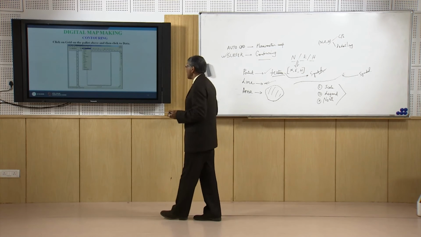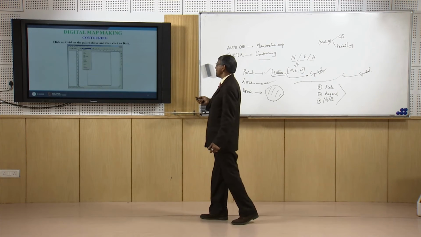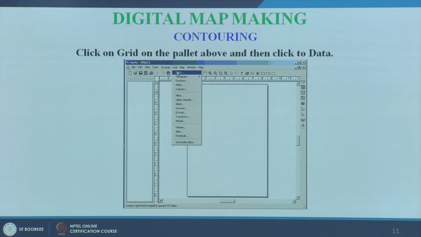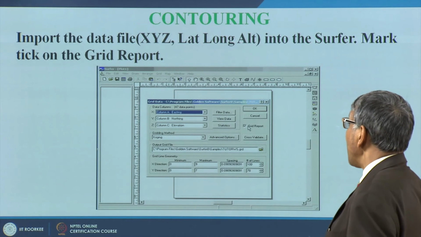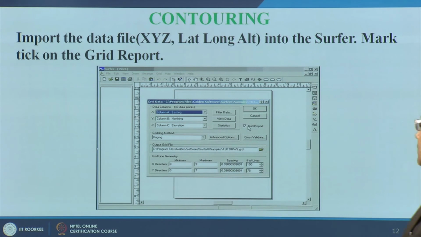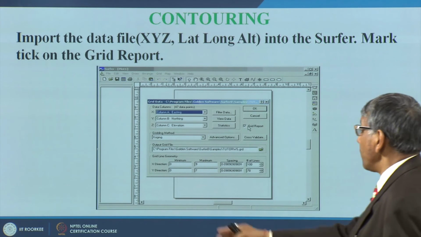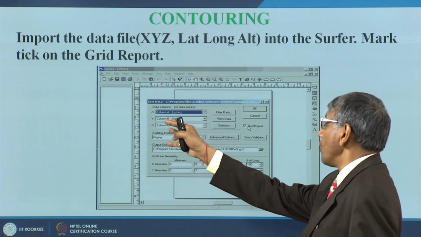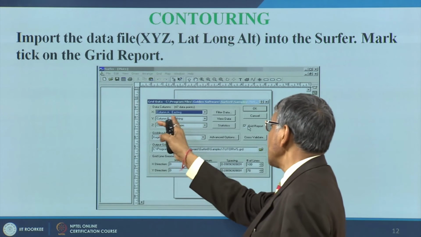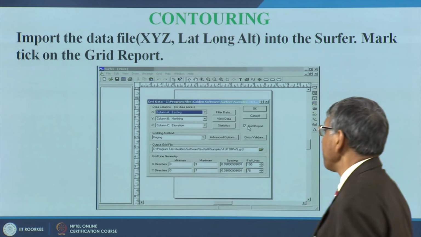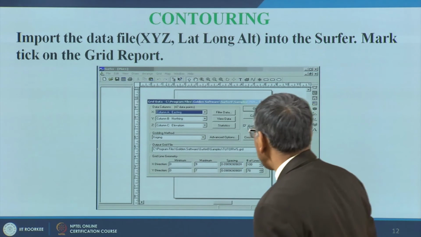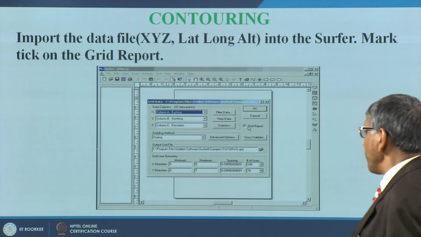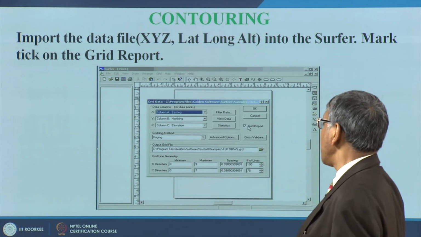Then after preparing the grid, we will click to get data, which may be obtained through our file. Here we have to define in which direction we want to give the northing, easting and elevation or height, and then after that we should go for the gridding method, and then we should click the grid report.